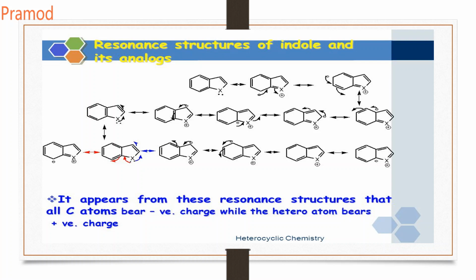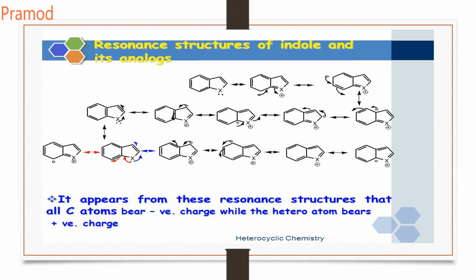So the negative charge is always on the carbon of the ring and the positive charge is on the heteroatom, because the heteroatom is electronegative in nature and can carry the positive charge.